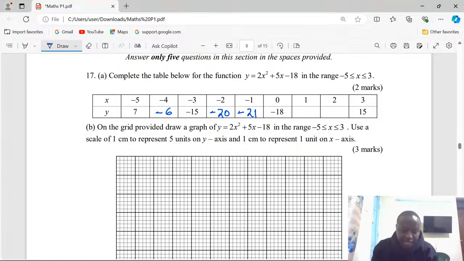Then at 1, we shall have 2 into 1 squared, plus 5 into 1, minus 18, and I'm getting exactly -11. We have 2 into 2 squared, plus 5 into 2, minus 18. This is giving me 0. These are the values of y that we have.